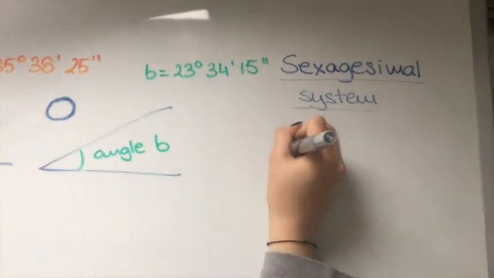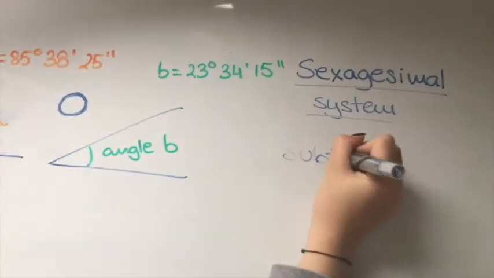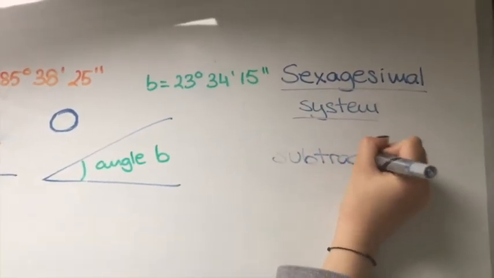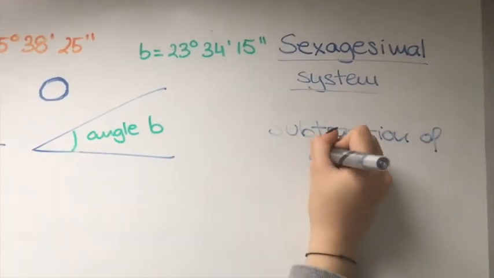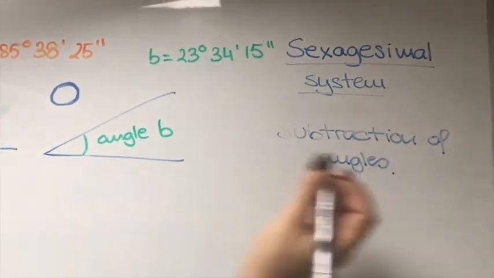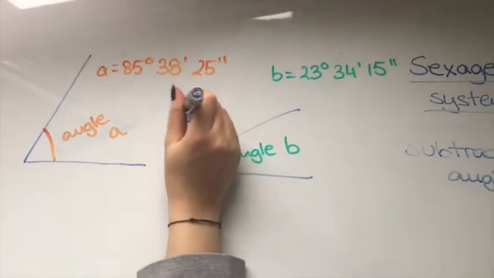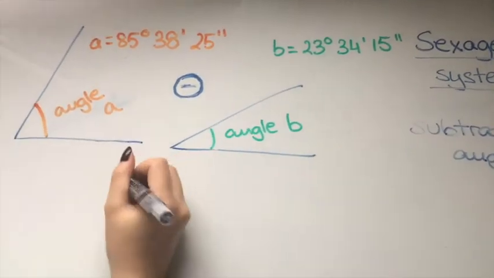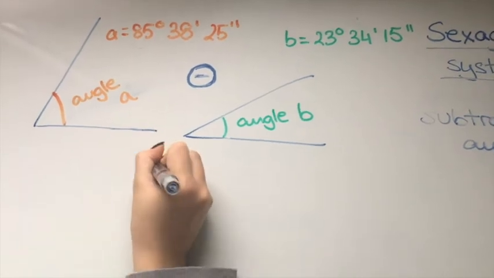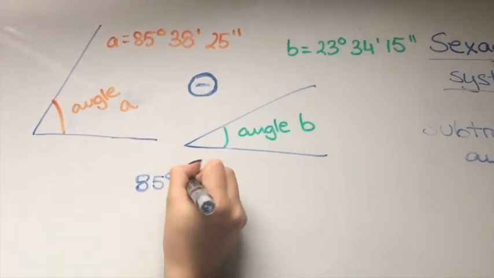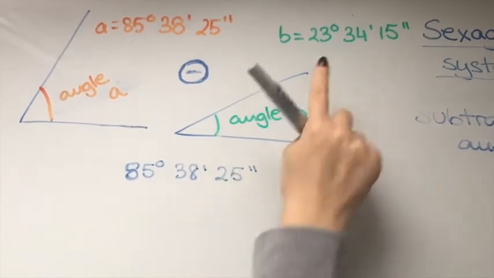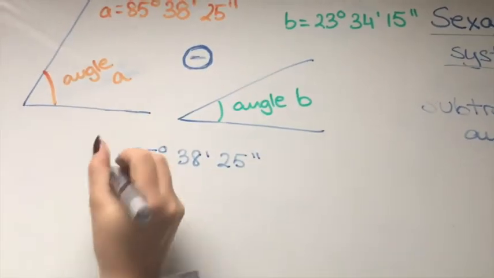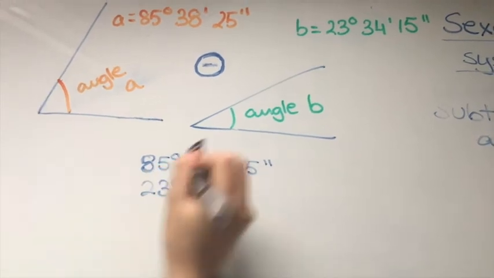With the sexagesimal system, we can also subtract angles. So now we are going to subtract angle B from angle A. In order to do that, we place them in the right order. So we pick the first angle, the angle A, and we write the degrees, then the minutes, and finally the seconds.